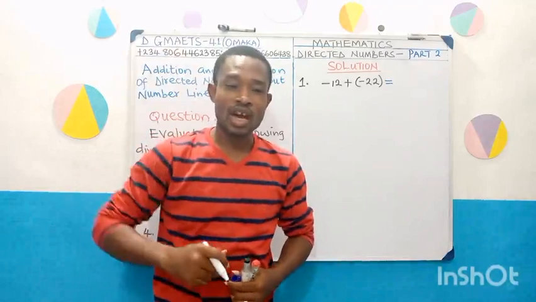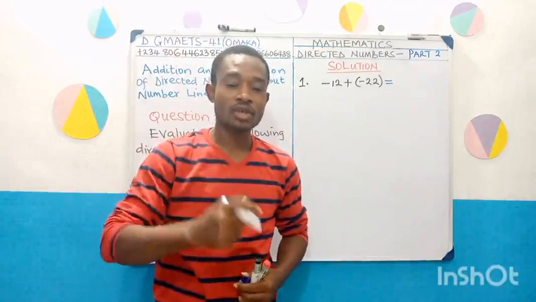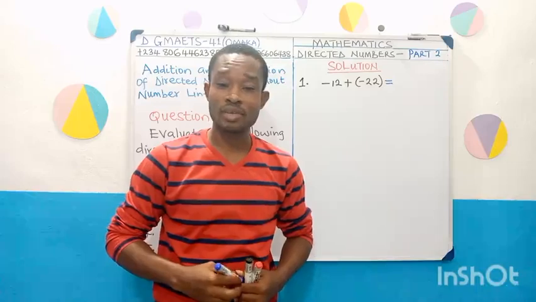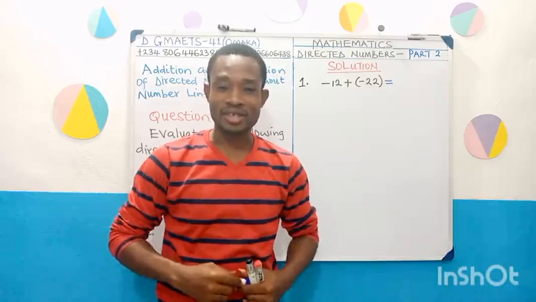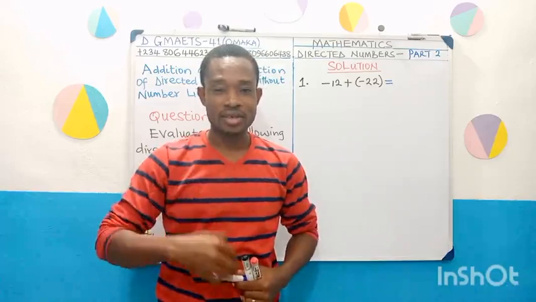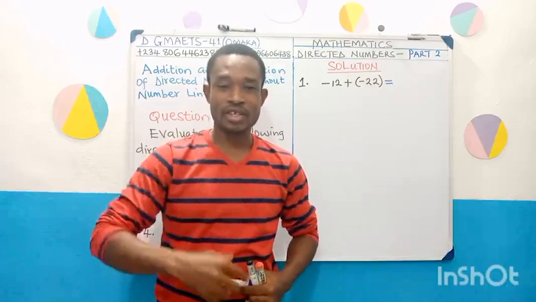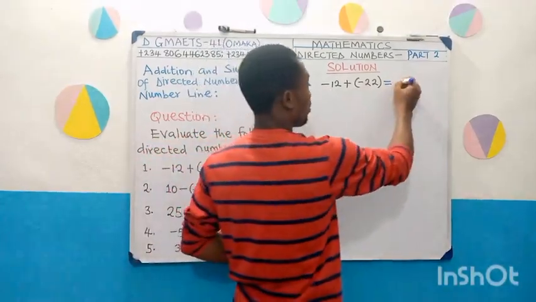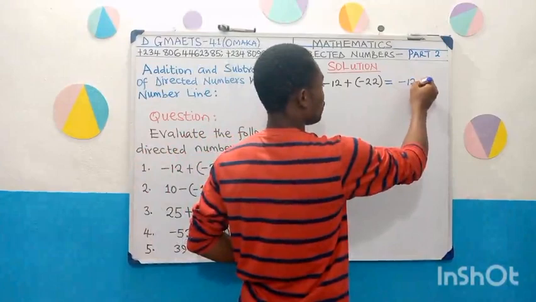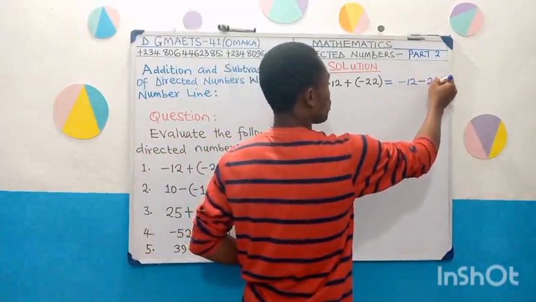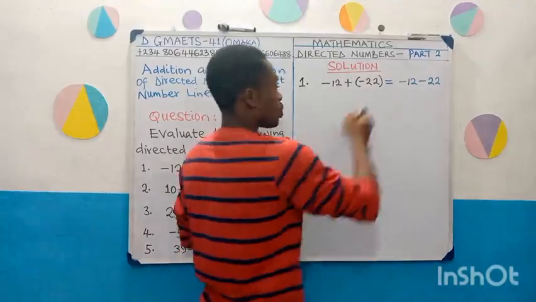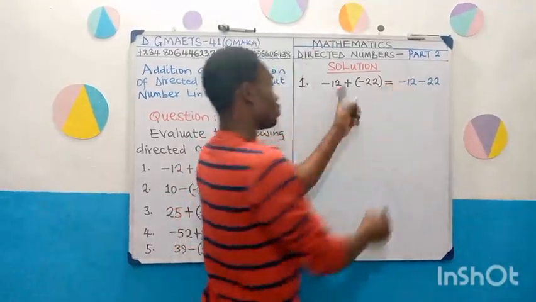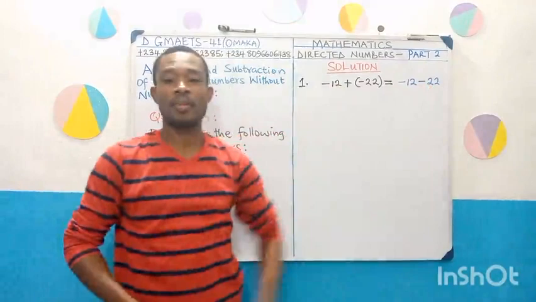In our previous class, when I treated how to solve directed numbers using number line, I explained this. So you can visit your notes back to remind yourself of that. Plus minus will give you minus. So this will become minus 12 minus 22. This and this, they are the same thing.